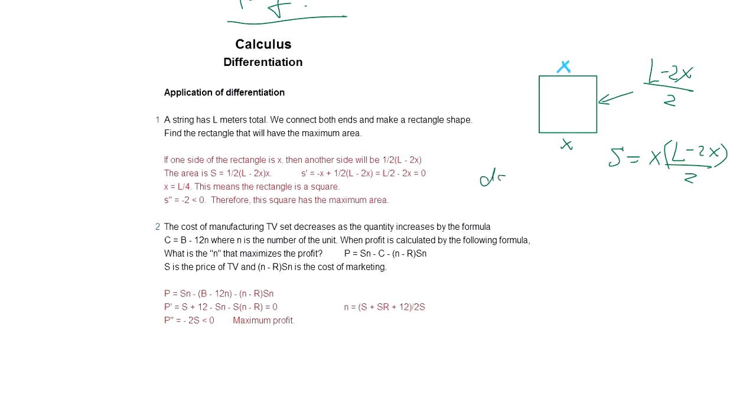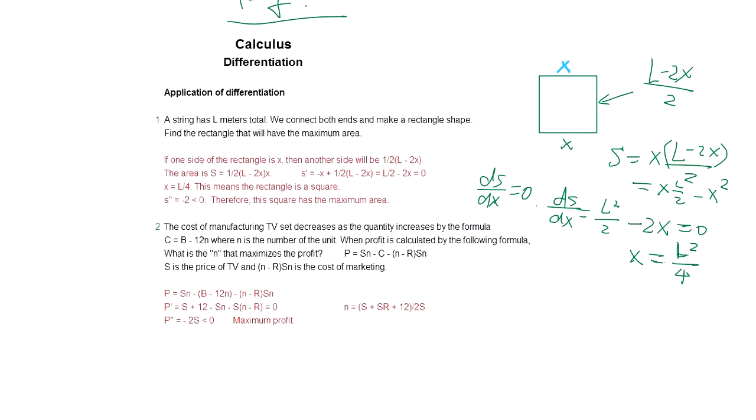That means dS/dx equals 0. It could be a minimum, right? So you have to take the second derivative. So this is xL over 2 minus x squared. So dS/dx equals L over 2 minus 2x equals 0, x equals L over 4.